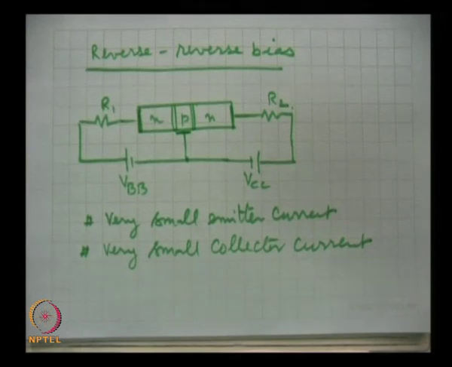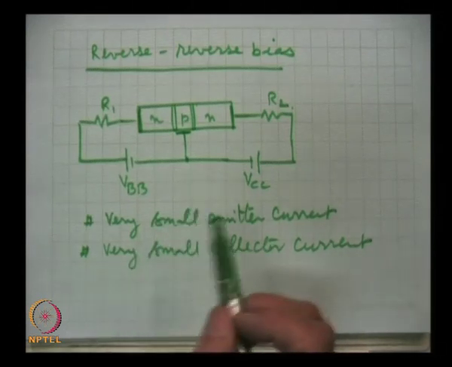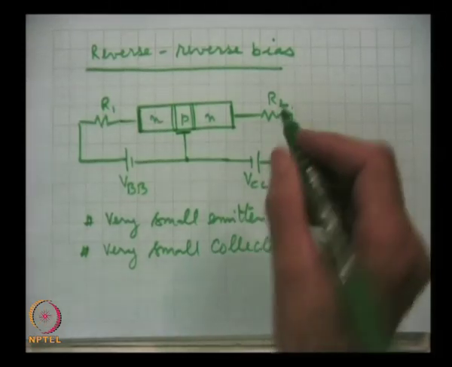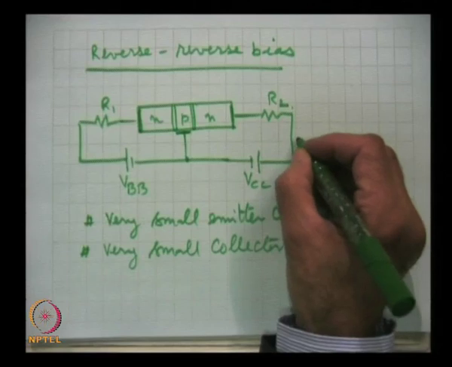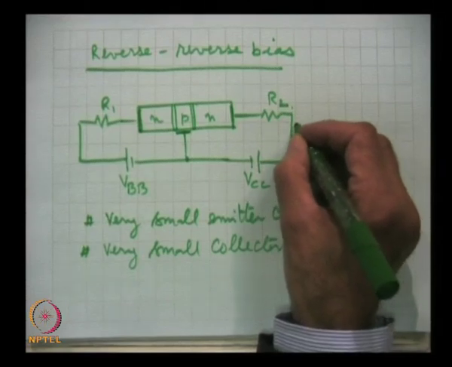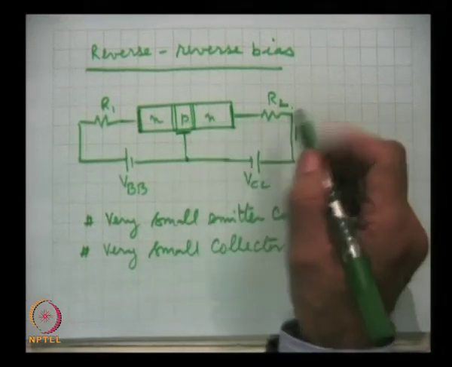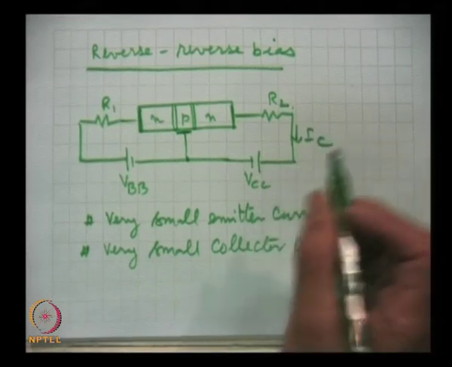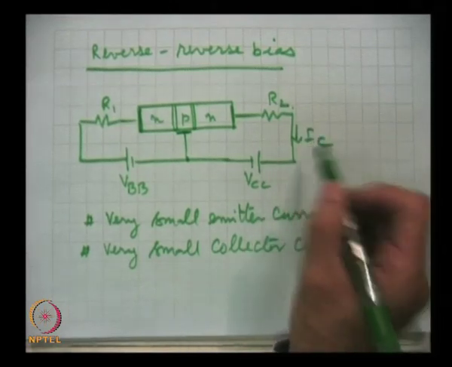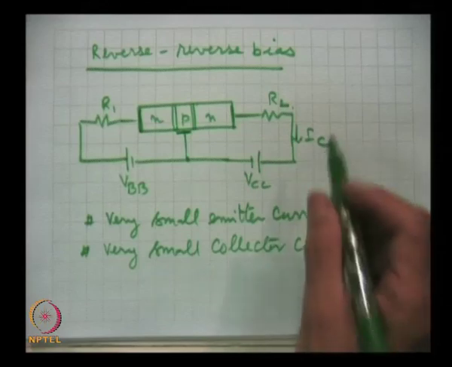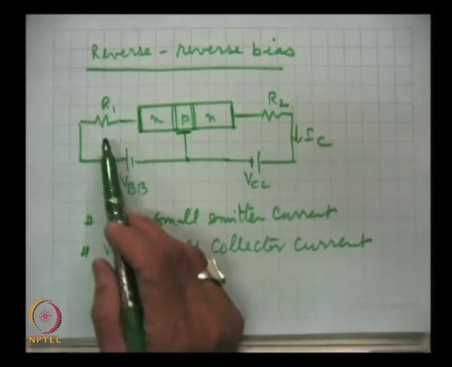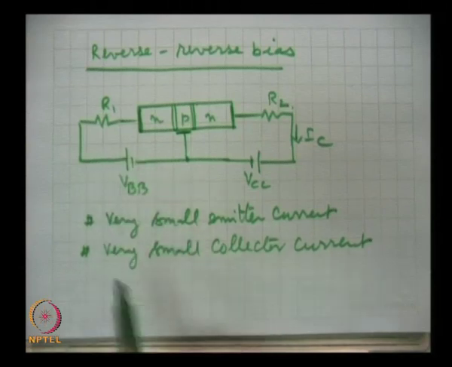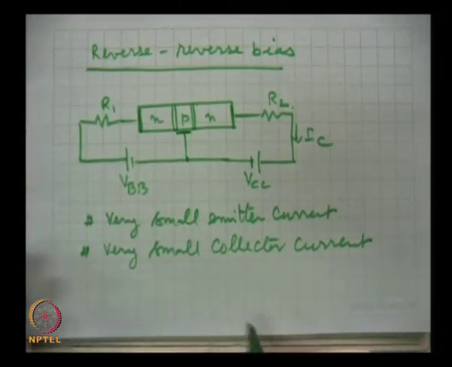Here also the situation is that collector current IC will not be dependent on the input current. The two currents are independent.